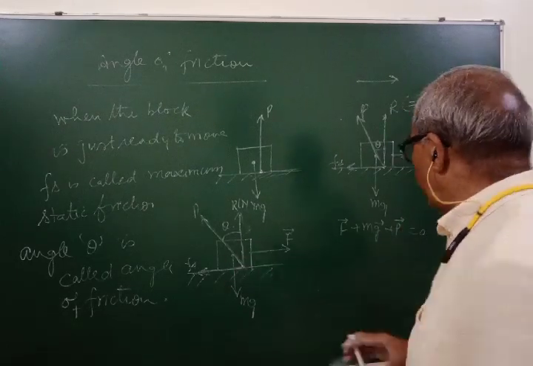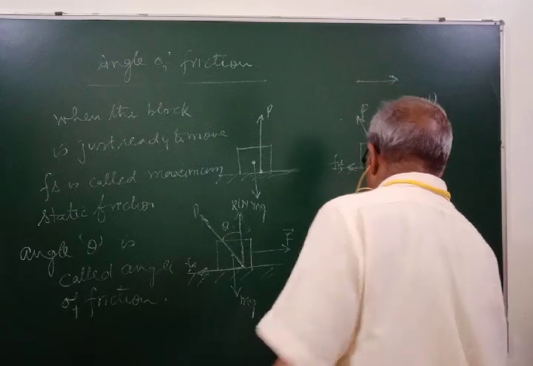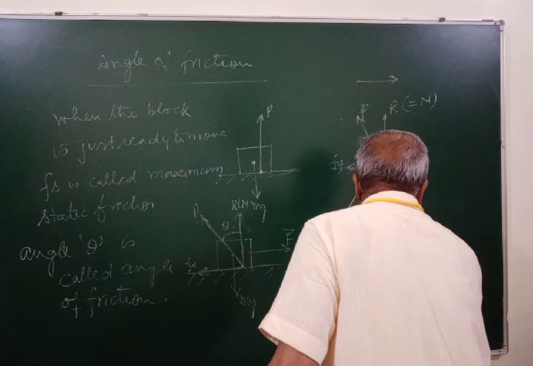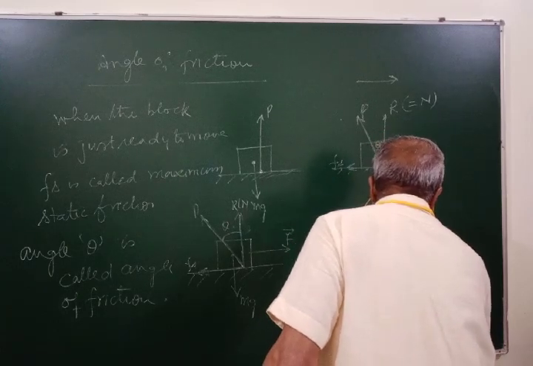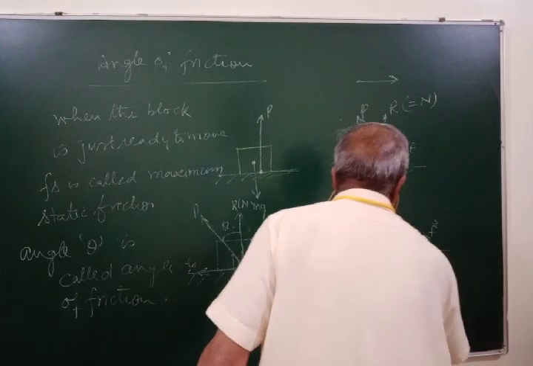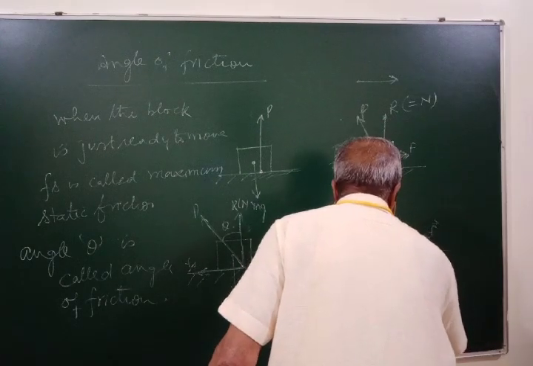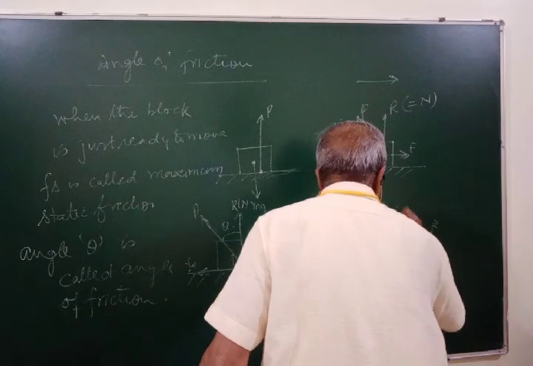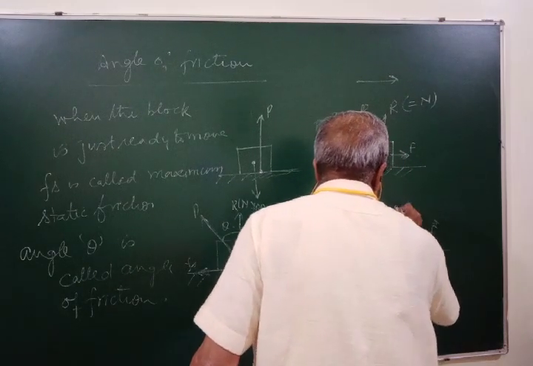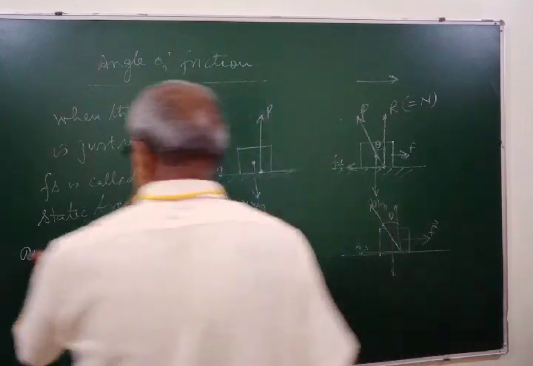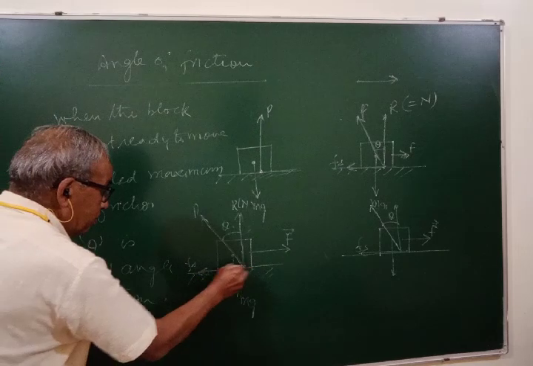But if it starts moving, then what will happen? This Fs will get converted into kinetic friction, and the applied force may become reduced. Here mg downward, reactionary force, this angle theta may decrease because force of friction will be less than the static friction.